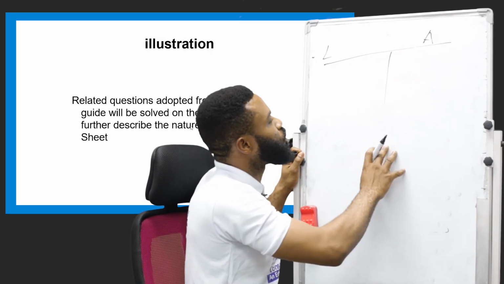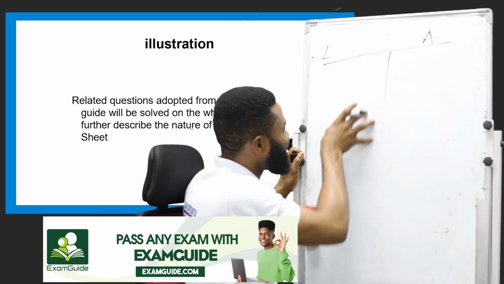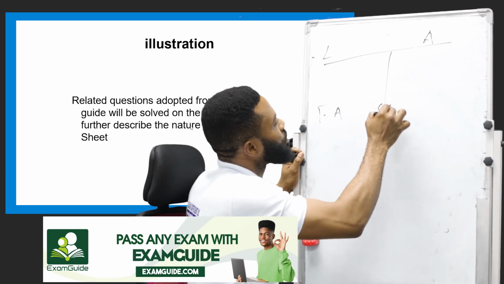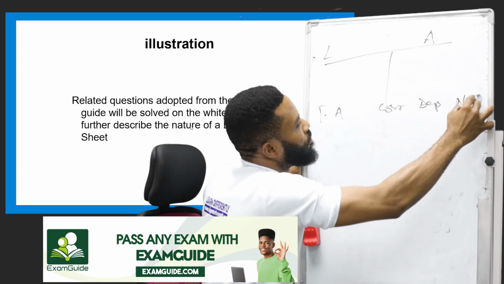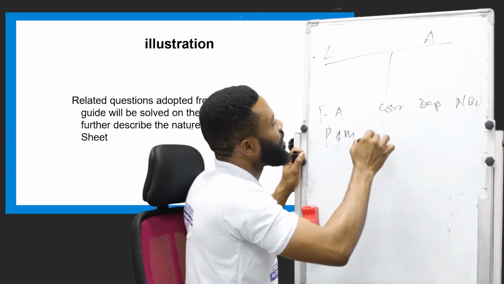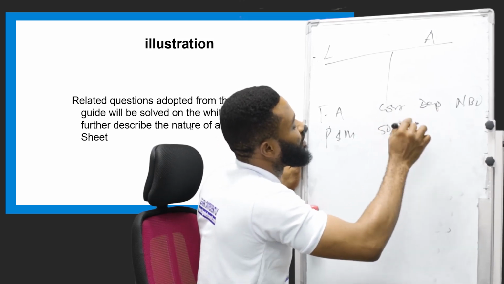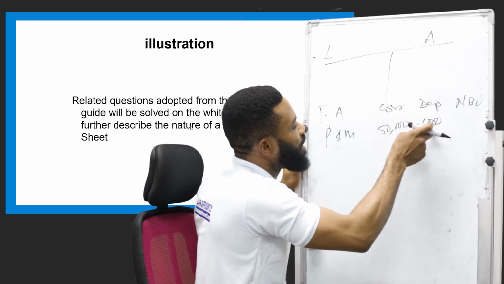This vertical presentation does not come with a line like this, does not come with this kind of ruling. What you just need to do is represent your assets, your fixed assets. You have cost, you have depreciation, and then you have your net book value, where you list all the assets. Plant and machinery, let's assume it's 50,000. Let's assume the depreciation is 1,000, and then your net book value is here minus here.